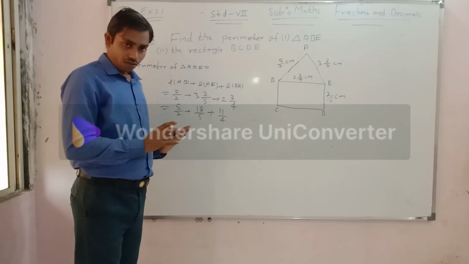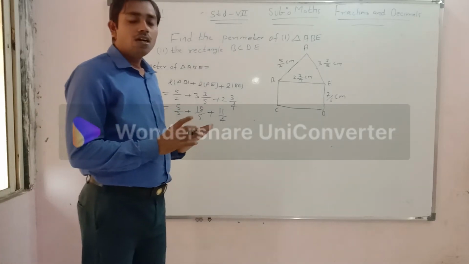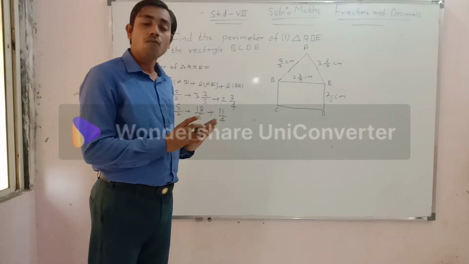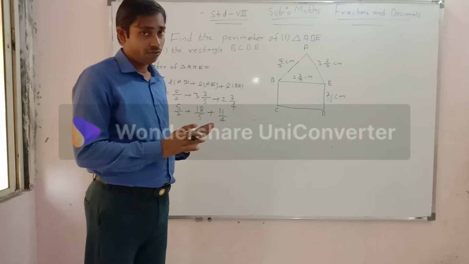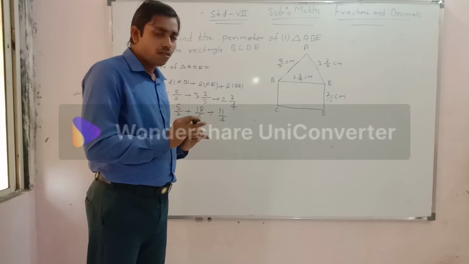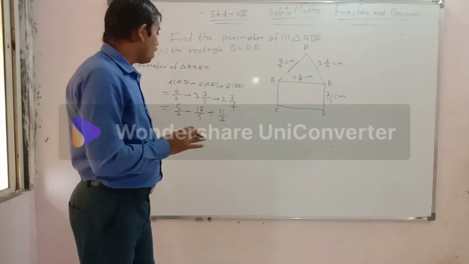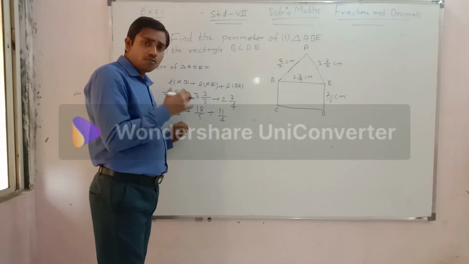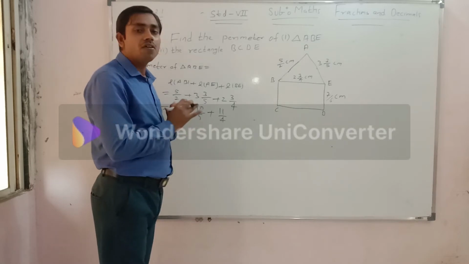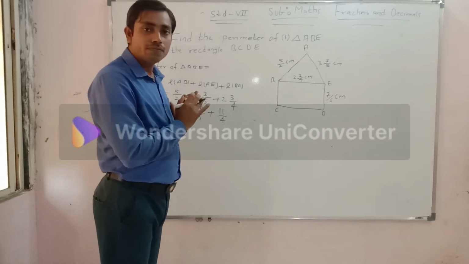Notice it, my dear students. Whenever unlike fractions are given, we must first convert them into like fractions. After converting these fractions into like fractions, then and only then we can do the addition of the fractions.